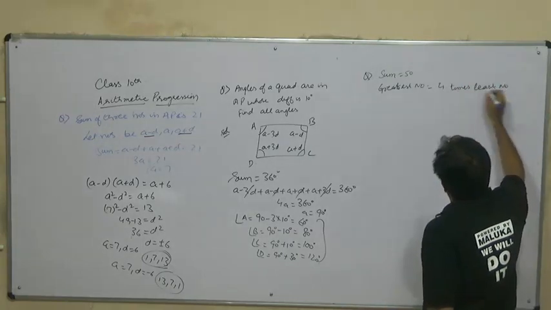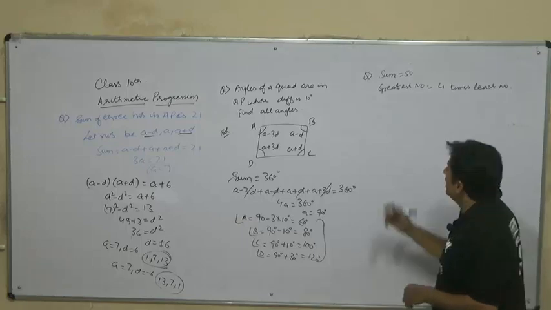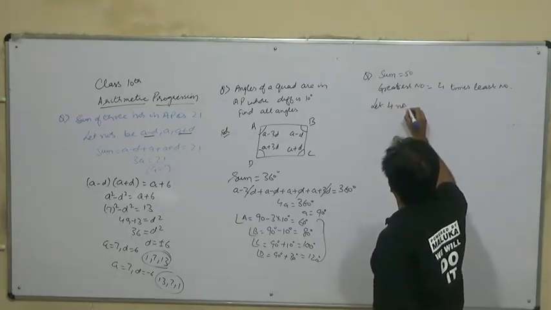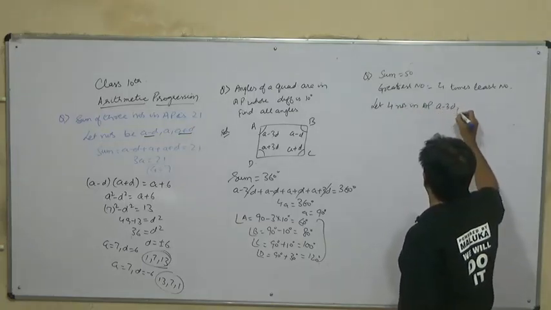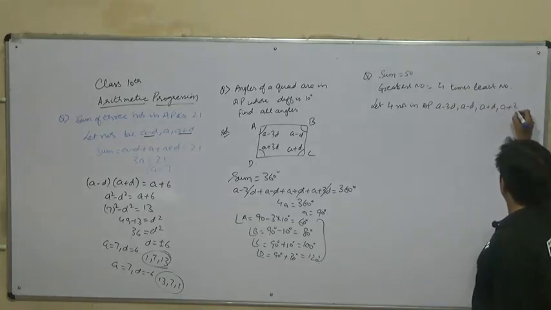So here we are given the sum of 4 numbers in AP. So let the 4 numbers in AP be, again we take the same a minus 3d, a minus d, a plus d, a plus 3d.